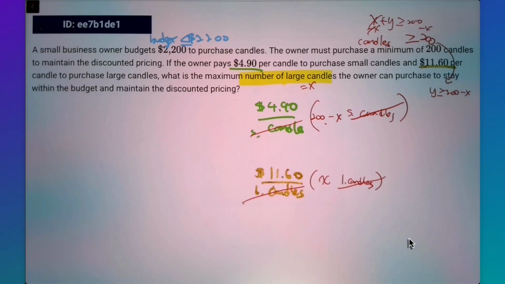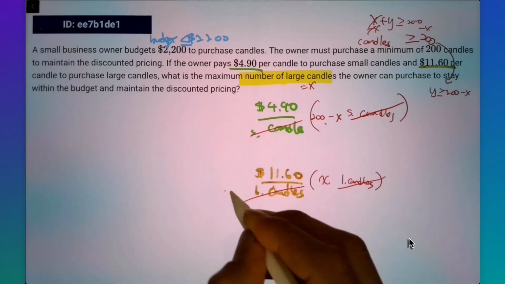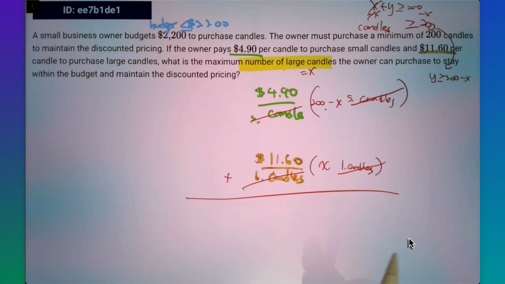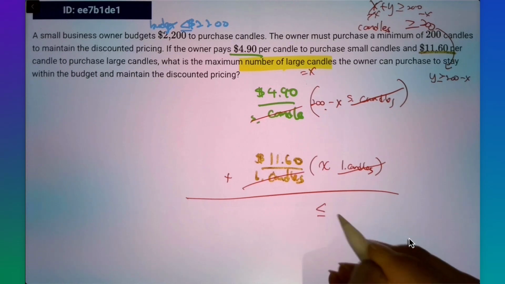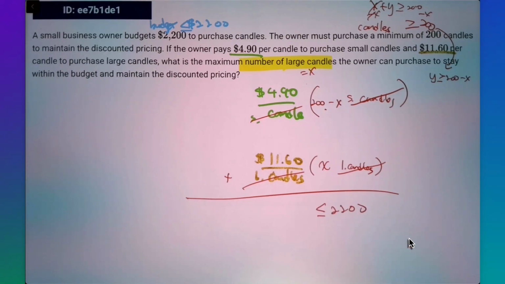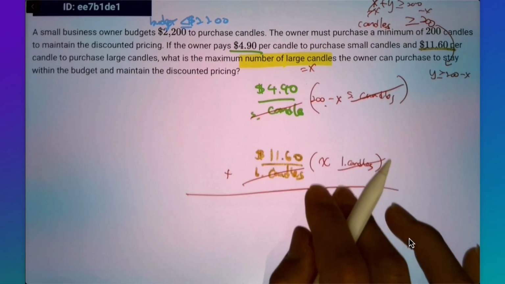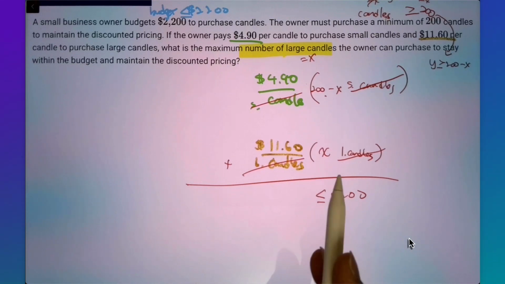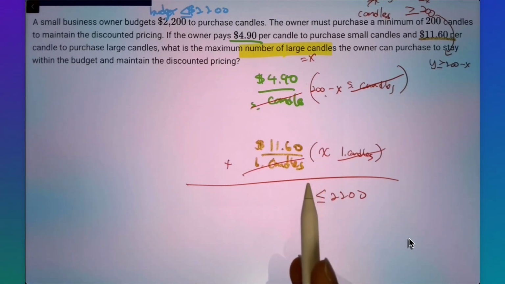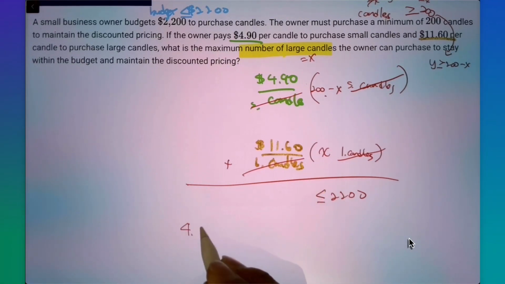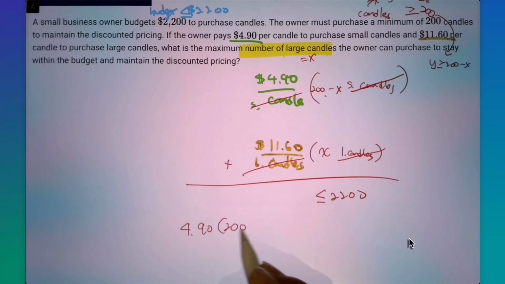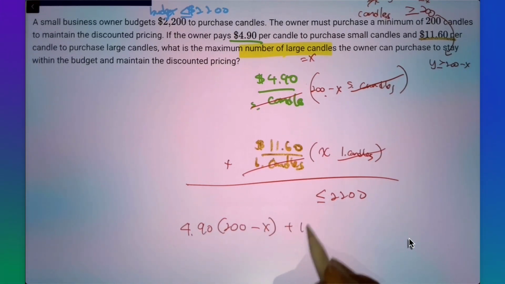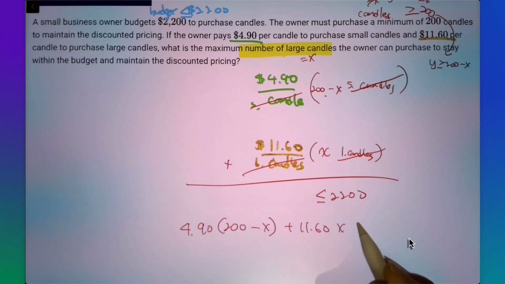Alright, we got everything. So when you add the small and large all together, we want this to be less than or equal to 2200. But we still need to find the X. So let's write 4.90 times parentheses 200 minus X, plus 11.60X, is less than or equal to 2200.